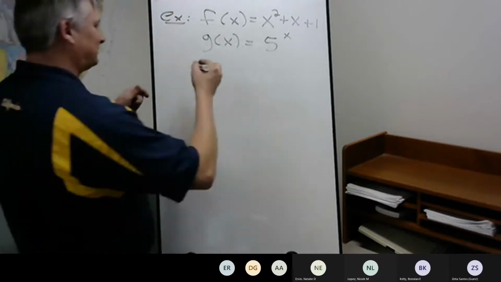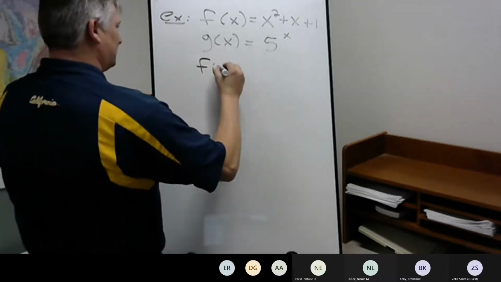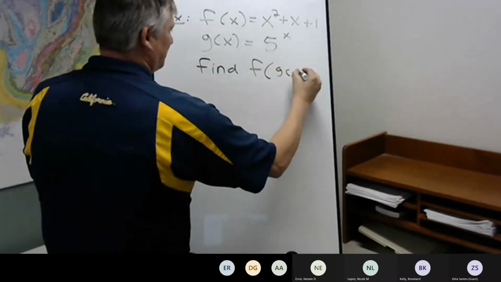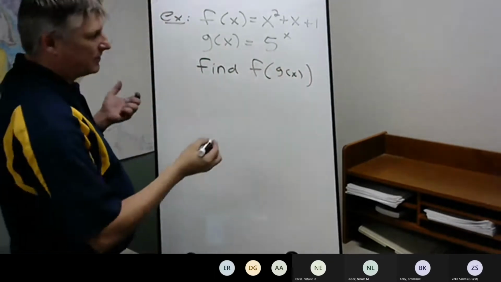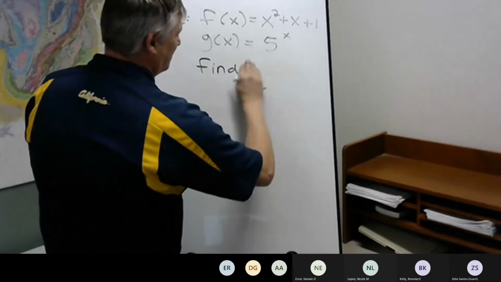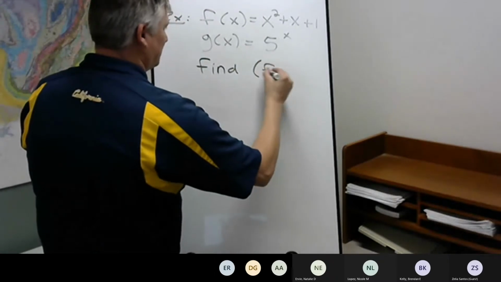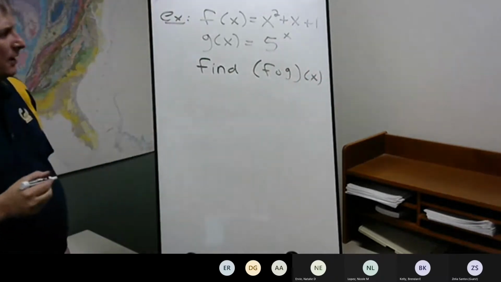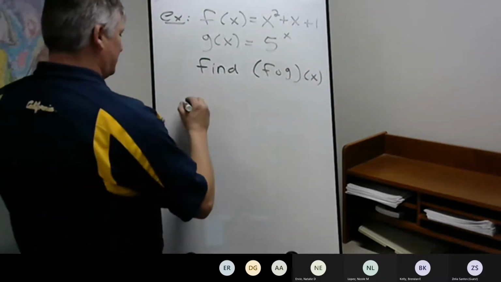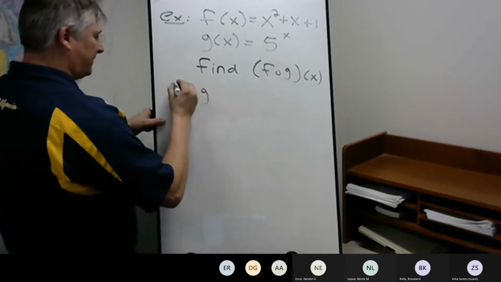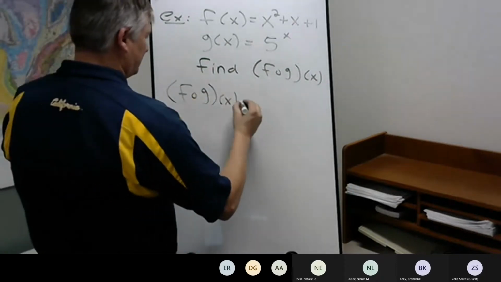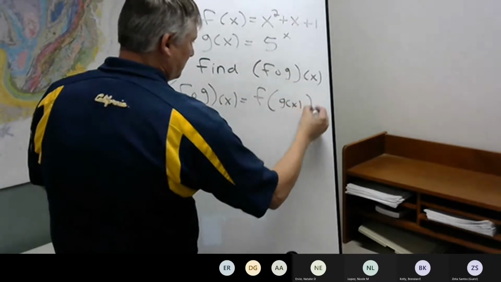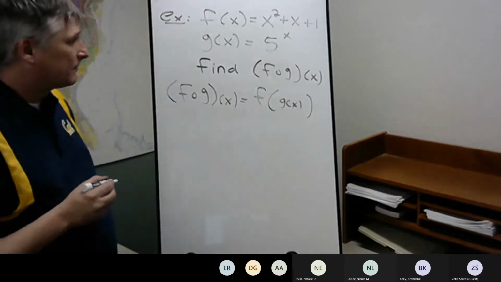Now, I want to find f of g of x. Or put another way, the composition. So what this means is that f composition g of x is going to be f where g of x is going to be the input.